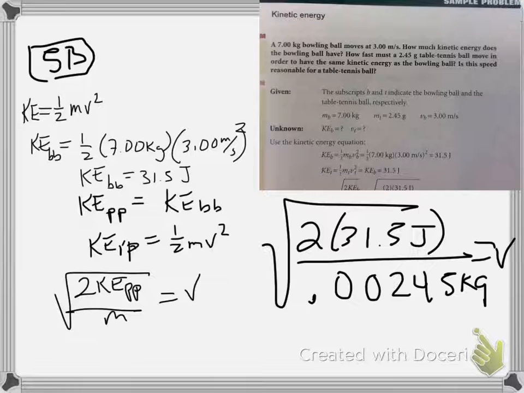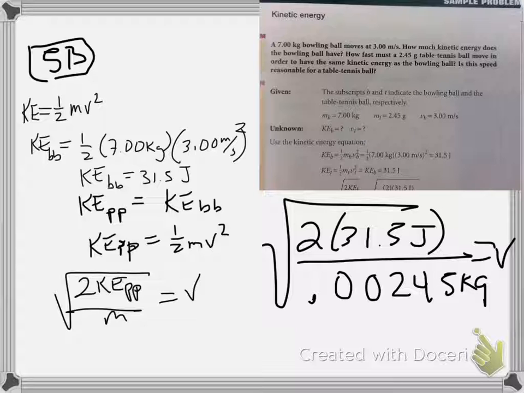So we plug it in. We've got 2 times 31.5 joules divided by 0.00245 kilograms, because of course that was 2.45 grams. So 31.5 times 2 divided by that. Yes? It's just what that says, above the box on the left, the square root. What is that, KE, KE-PP?